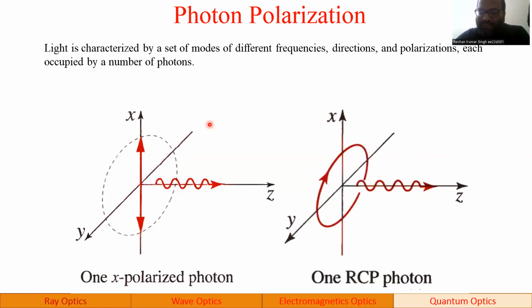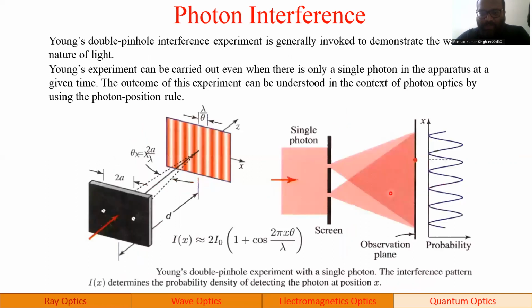That's why when it travels through any medium, it can change the direction of the field. This one is the linear polarization, inclined to some axis, and this is the right circular polarization, which rotates in the clockwise direction.